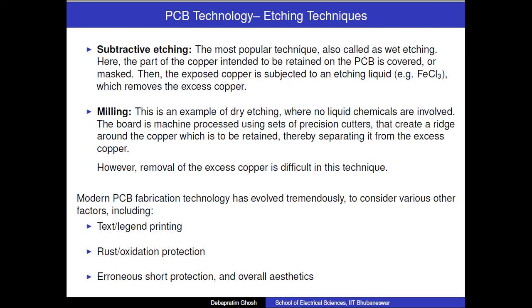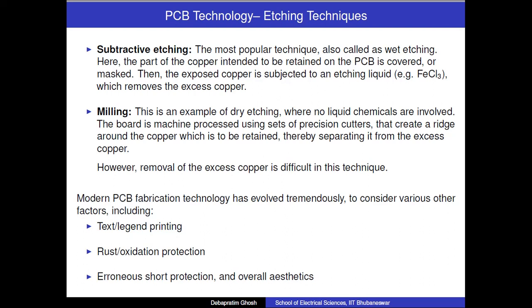So the copper that you want to keep is covered by a mask or a photoresist, and then the copper that is exposed, which is not covered and that is intended to be removed, is then immersed in an etching liquid where a displacement reaction takes place and the chemical eats up that copper. So therefore whatever is the copper that is below the photoresist or the mask which you had covered before etching, that stays back. So therefore that way you have your connections.